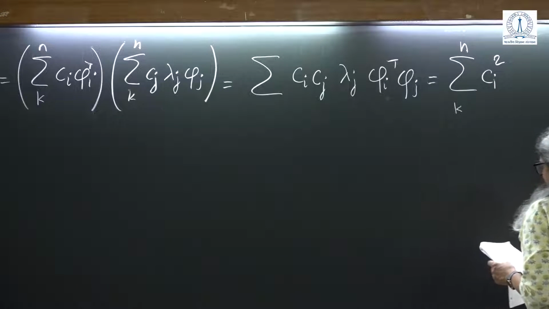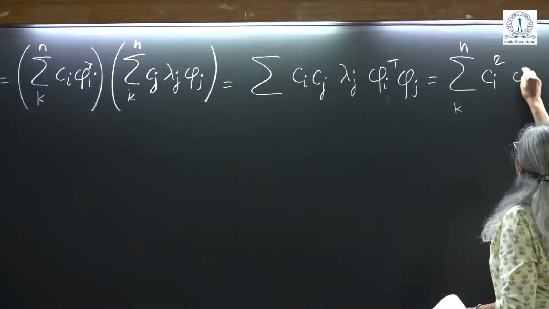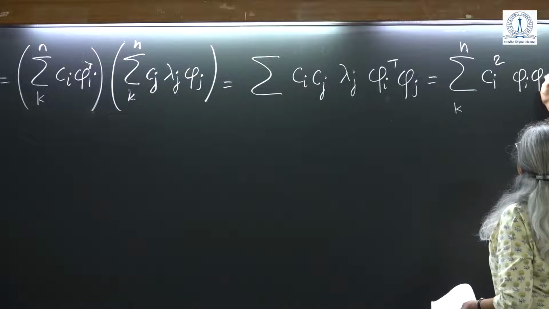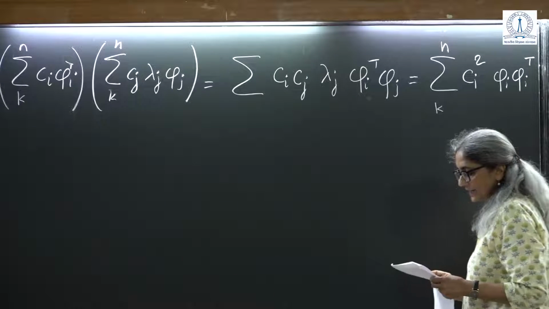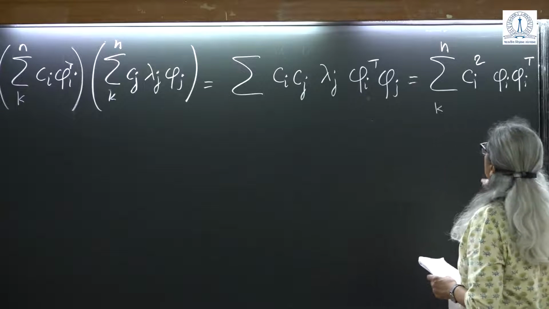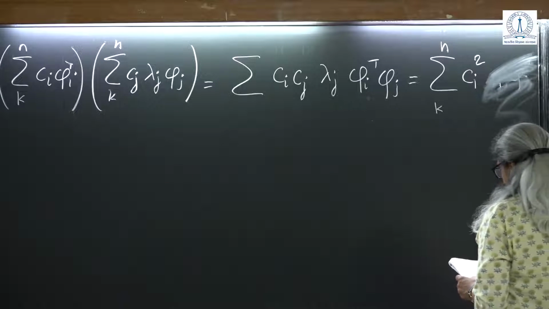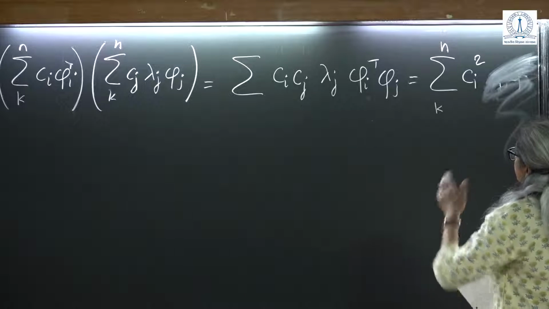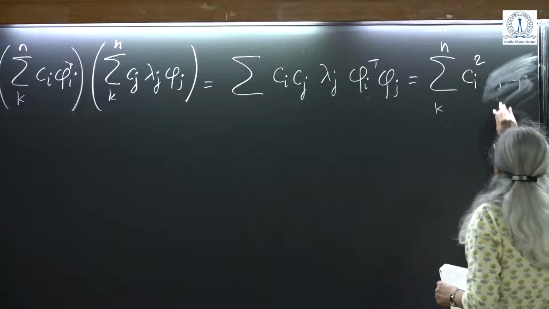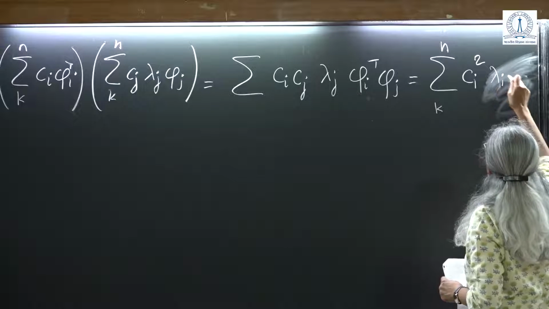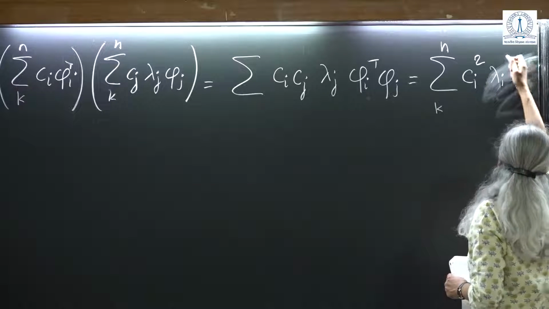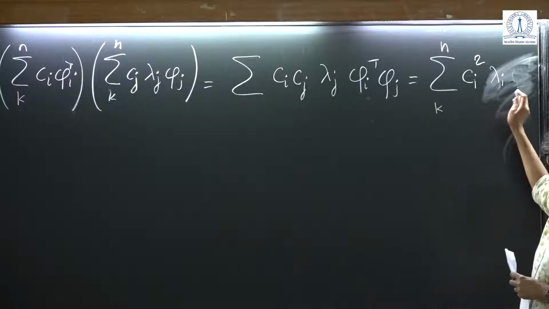Okay, and then what happens? What survives? Phi transpose phi is 1. Yeah, phi transpose phi is 1. So lambda i will survive. And then phi transpose phi is 1, so I don't need to write that.